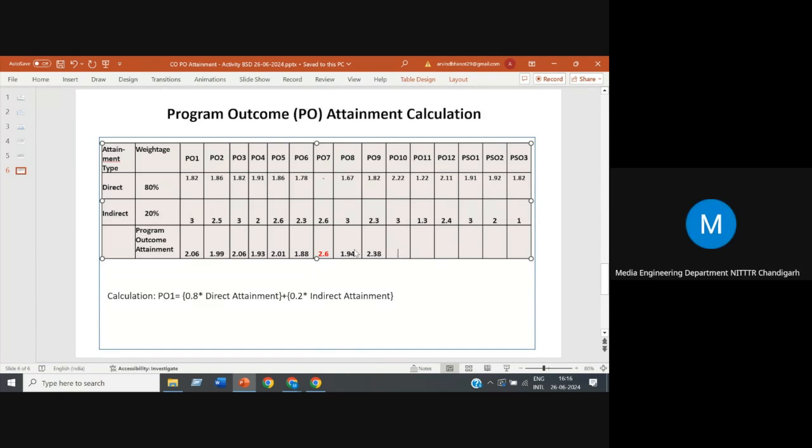For PO10, what will be the answer? 2.38. Okay, PO11 is 1.24. Okay. PO12.